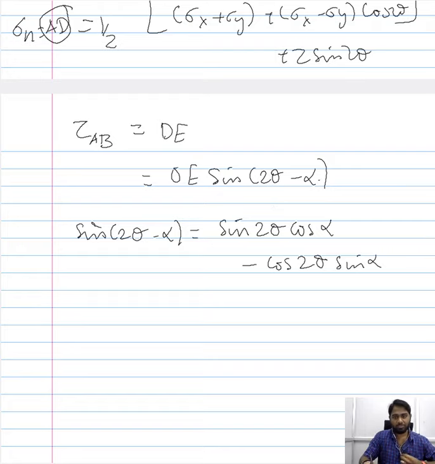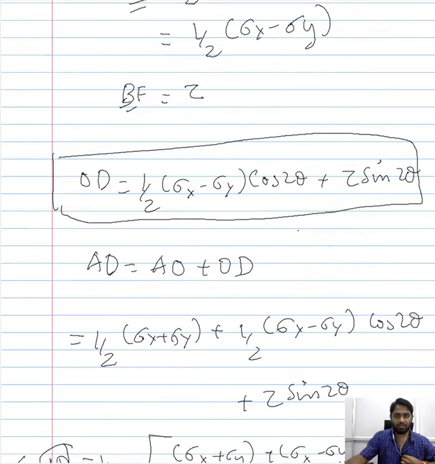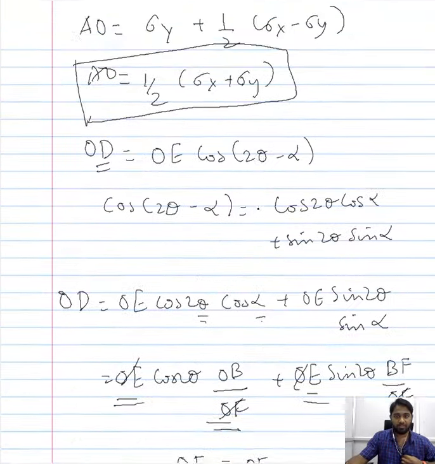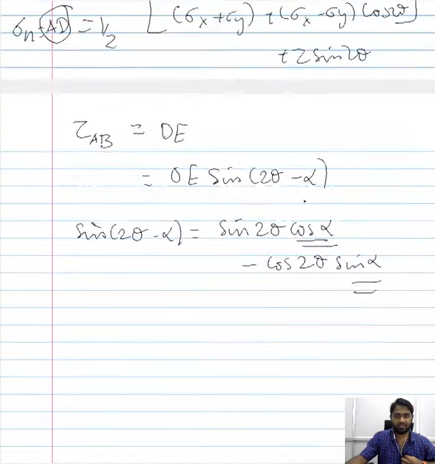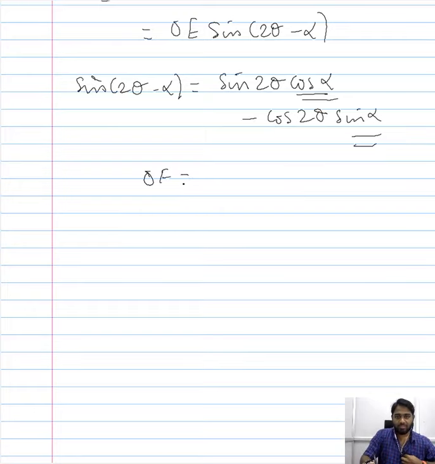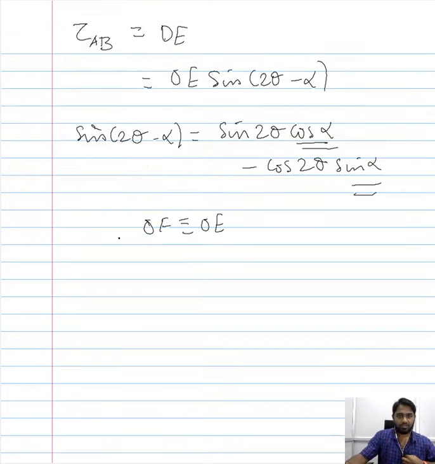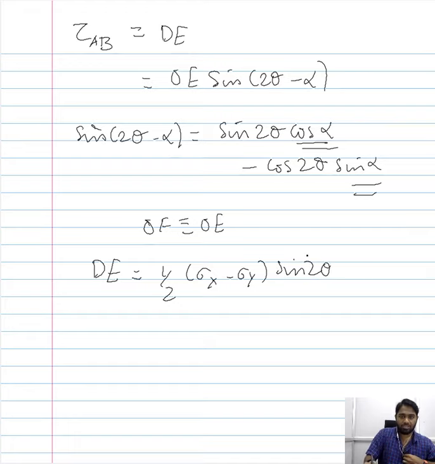Now you can substitute the sine alpha and cos alpha expressions and get rid of them in the same way that we did in the previous case, and considering that OF is equivalent to OE, you will be able to arrive at an expression for DE that looks like this: 1 by 2 (sigma x minus sigma y) sine 2 theta minus tau cos 2 theta.